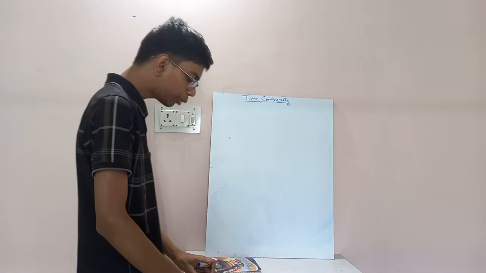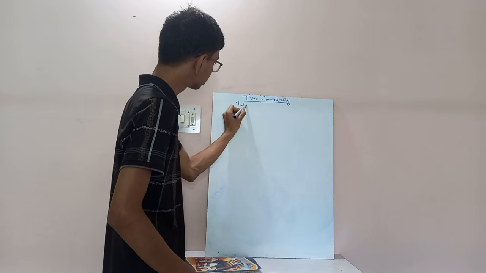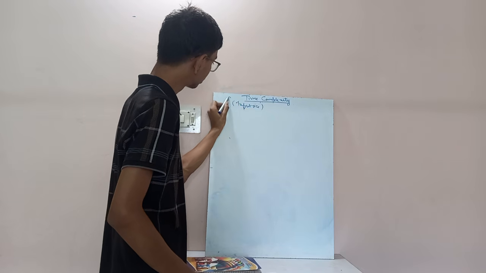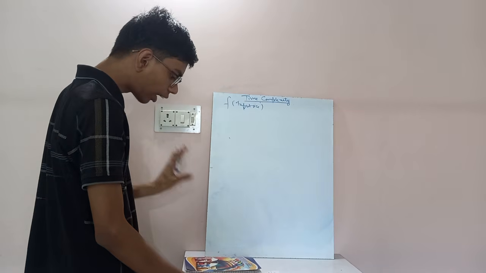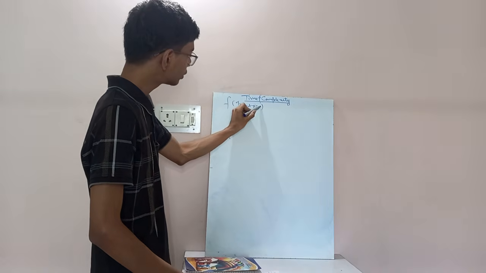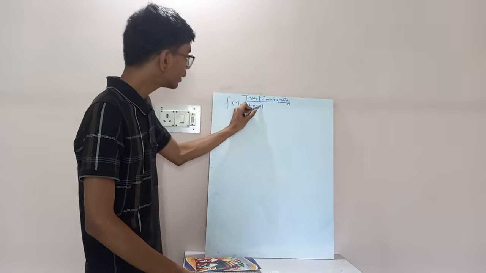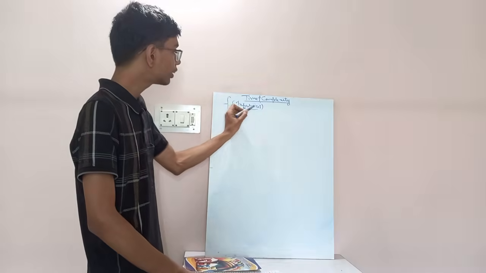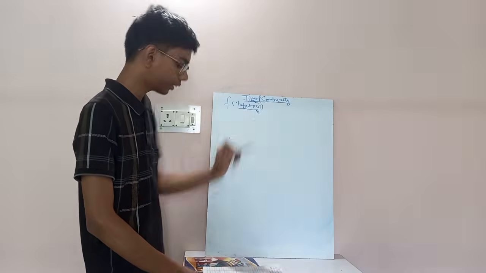Basically, time complexity is the amount of time an algorithm takes to run as a function of input size, and it shows how time grows as input size grows. Grows does not mean increase or decrease. Whether it increases, whether it decreases, whether it is constant, the evolution of time with that is my time complexity.